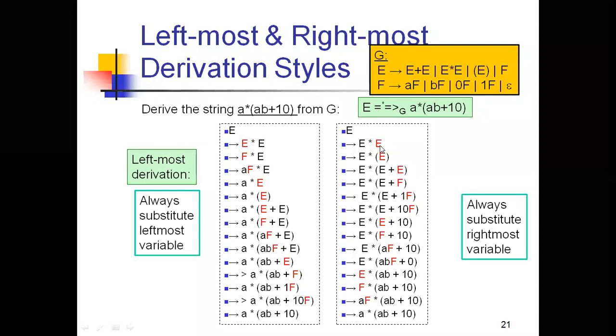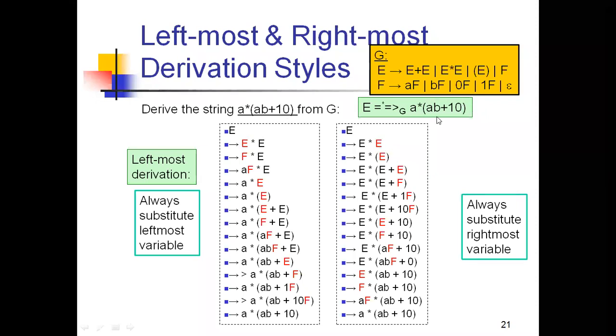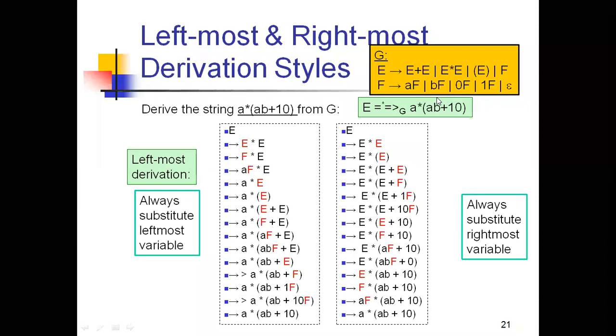So in the place of E, first of all, I need to do this. I need to get this. I am substituting E plus E in the place of E, and substituting F in the place of E. I am substituting 1F in the place of F. I am substituting 0F and put an epsilon in this place, and then in the place of E I substitute F. In the place of F I substitute AF.